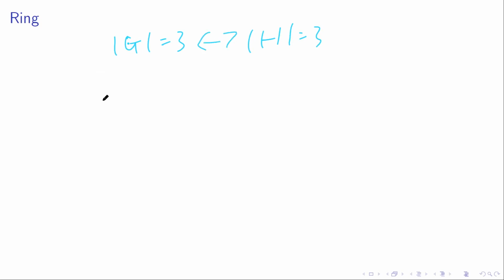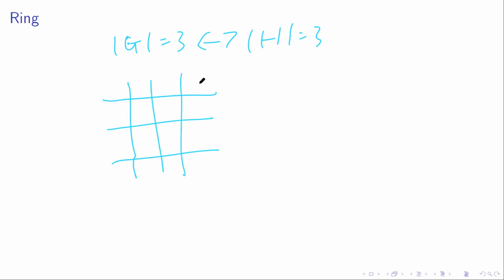The reason is that if you draw the Cayley table out, we have 3 items, and this operation can be anything. So we know that the first element must be the identity element. So we just put e here. And this is a and b, okay?